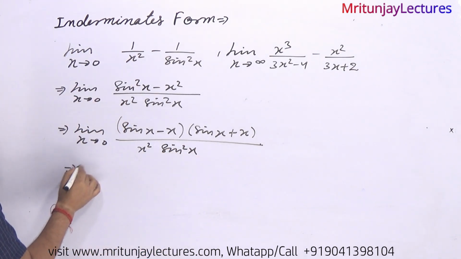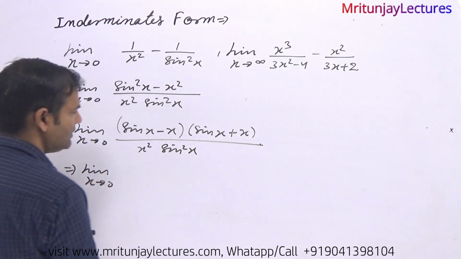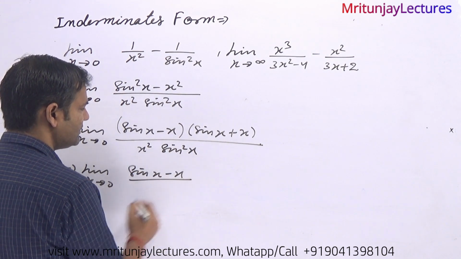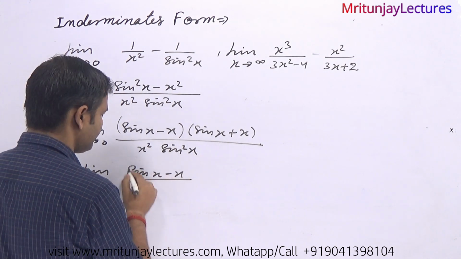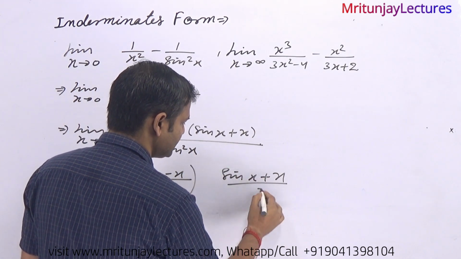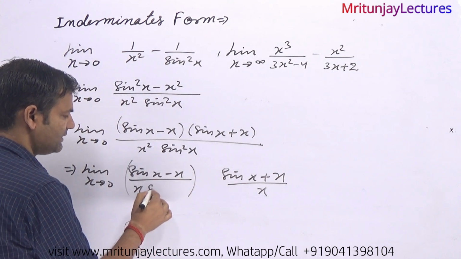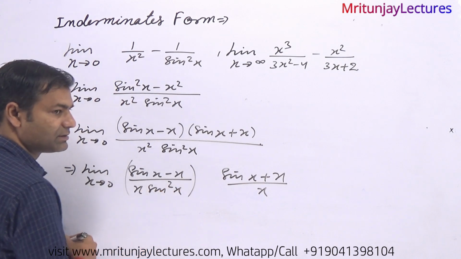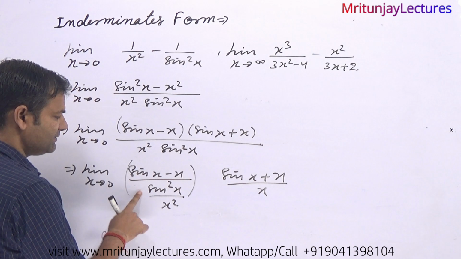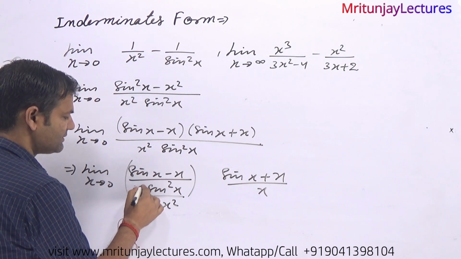Now limit x tends to 0, sin x minus x, divided by x, into x sin x, x sin square x. If you put x square, that is also written as x cube.